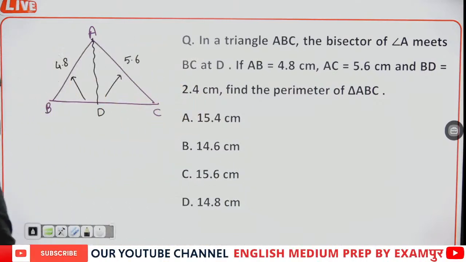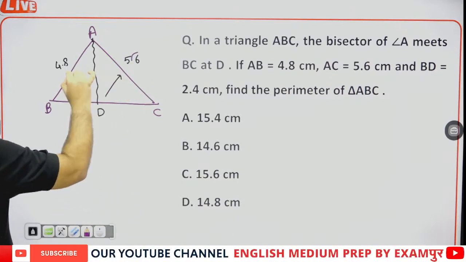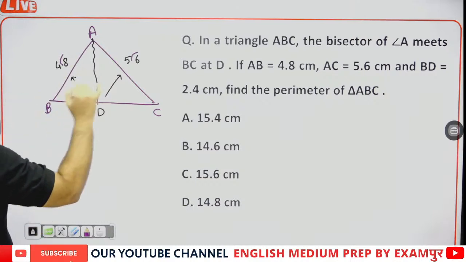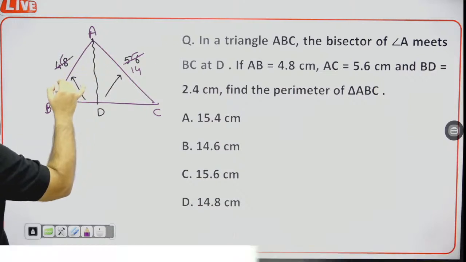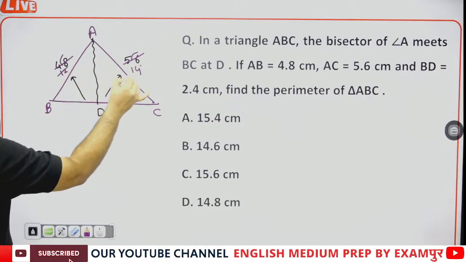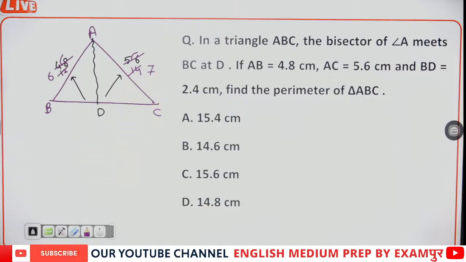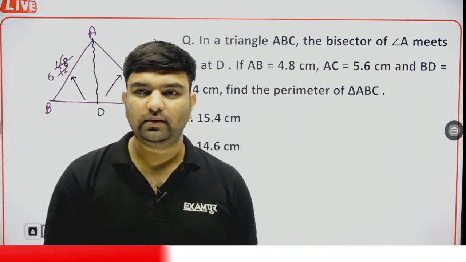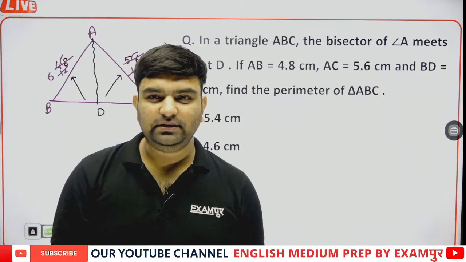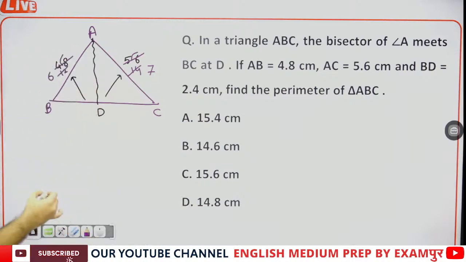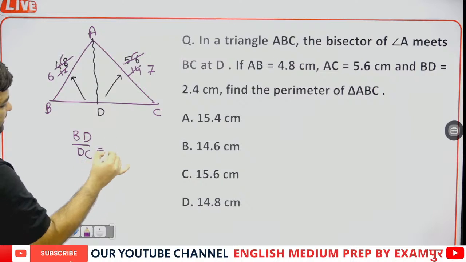What is the ratio they are maintaining? 4.8 and 5.6 simplify to the ratio 6:7. So BD upon DC would be in the ratio 6:7.